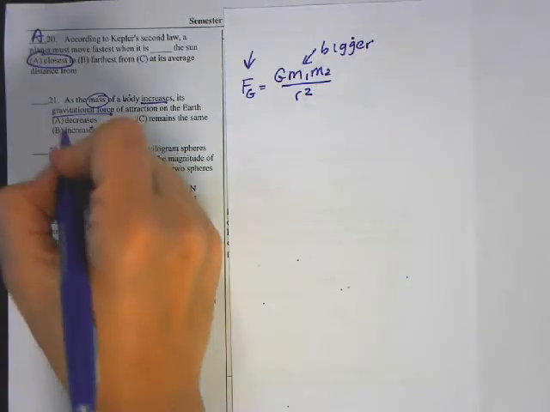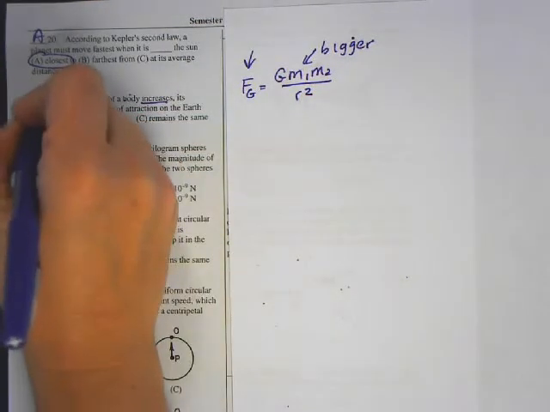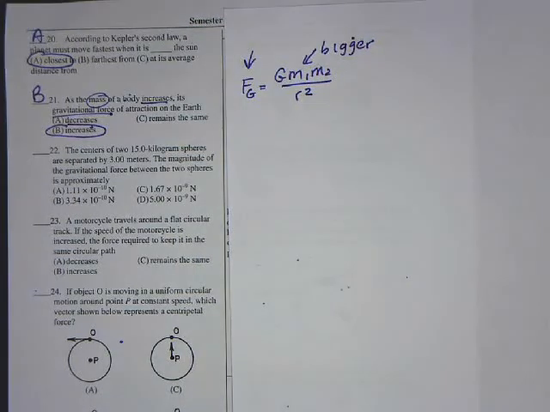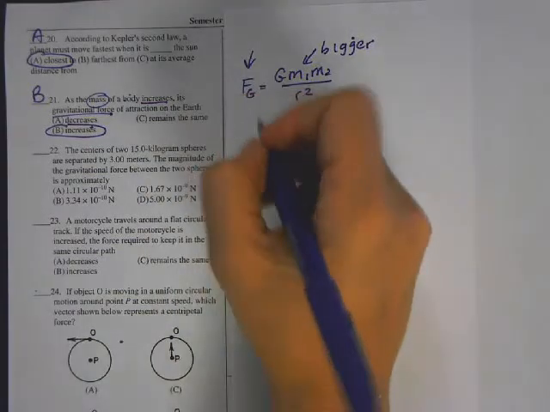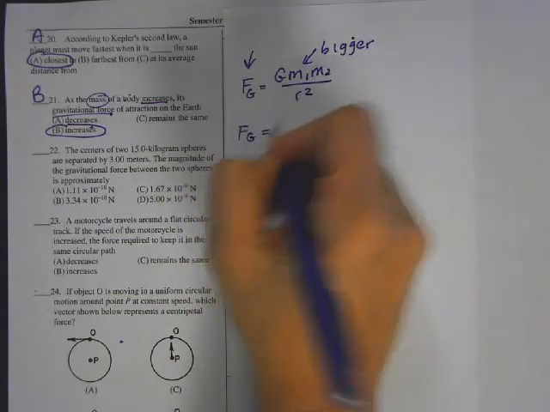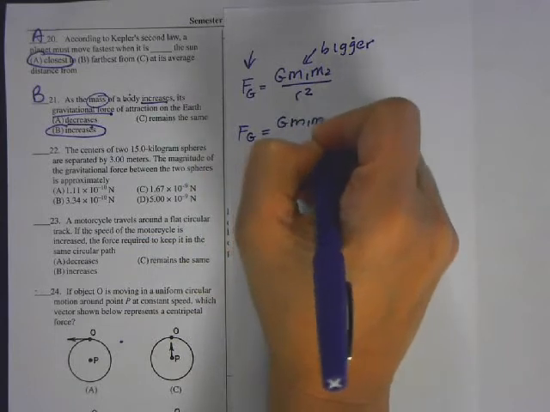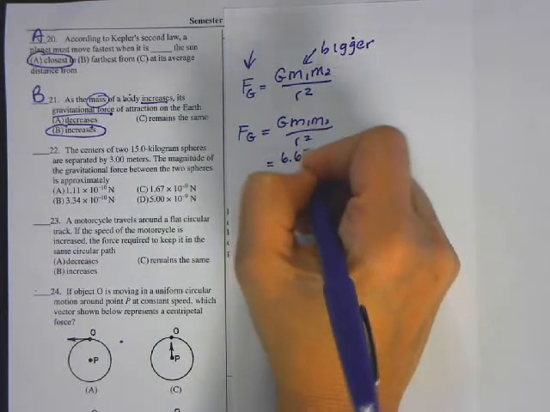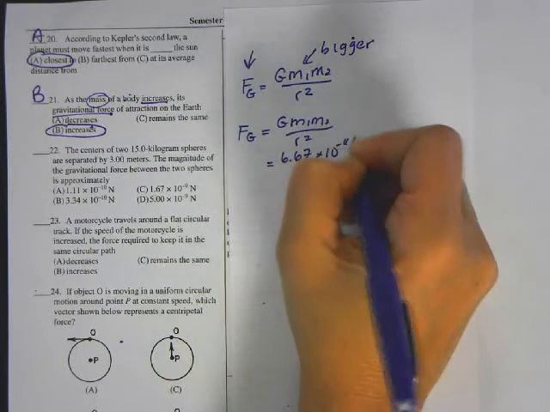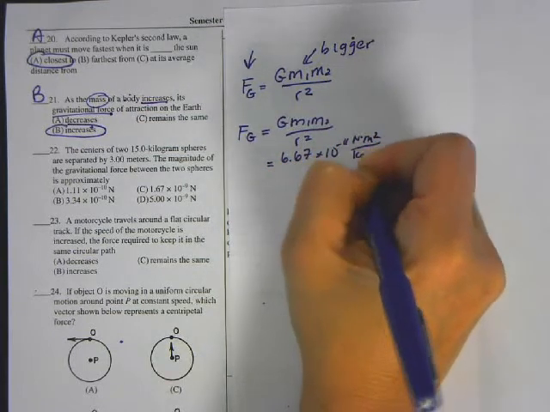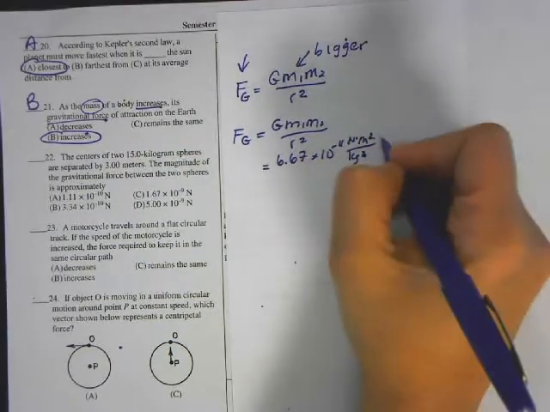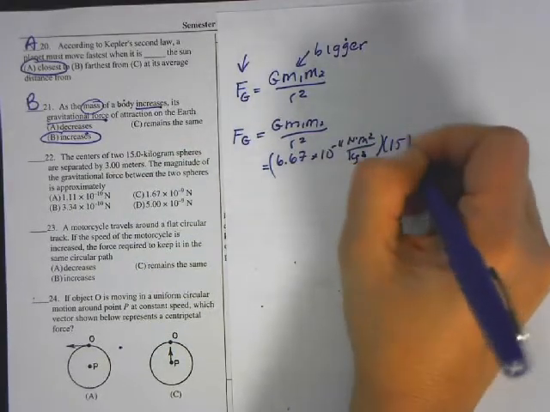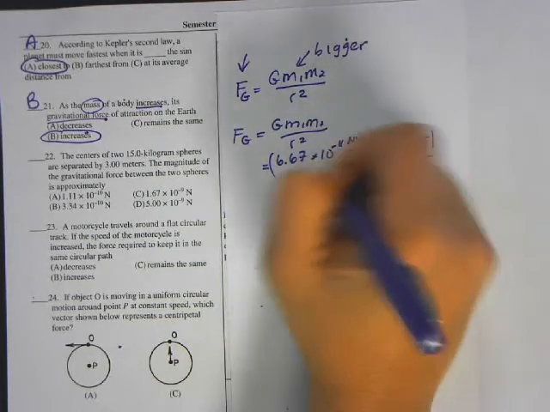Number 22, the centers of two 15-gram spheres are separated by 3 meters, the magnitude of the gravitational force. So the equation is F of g is equal to big G, m1, m2 over r squared. So it's equal to 6.67 times 10 to the negative 11 newton meter squared per kilogram squared times 15 times 15 divided by 3 meters squared.